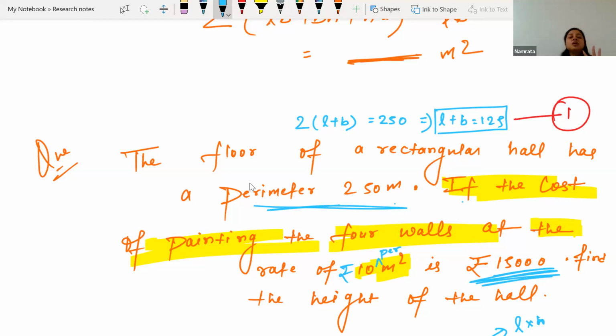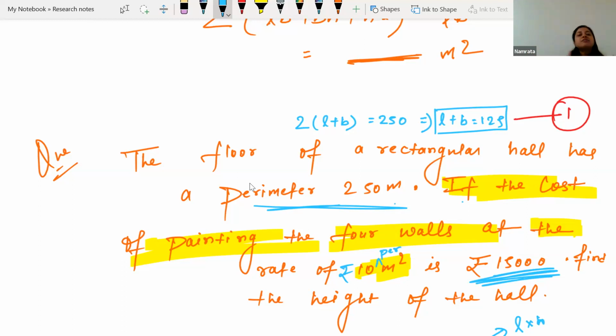The bottom one and the top one are just rectangles having length L, breadth B. Even if you don't understand what the side wall area, the back side area or the front side area will be, if you don't want to get involved in that much calculation, just understand that the four wall area will be total surface area minus the floor minus the ceiling.